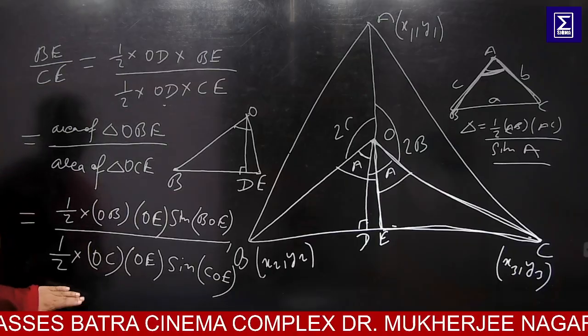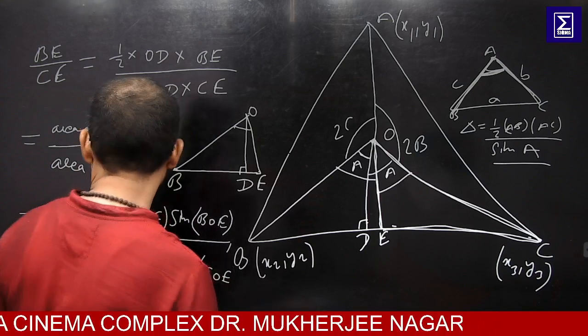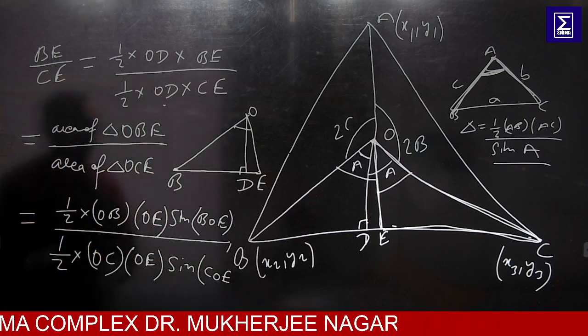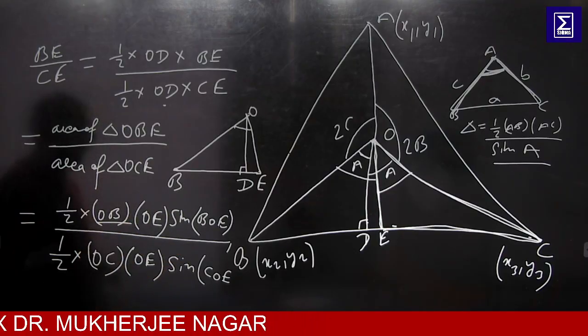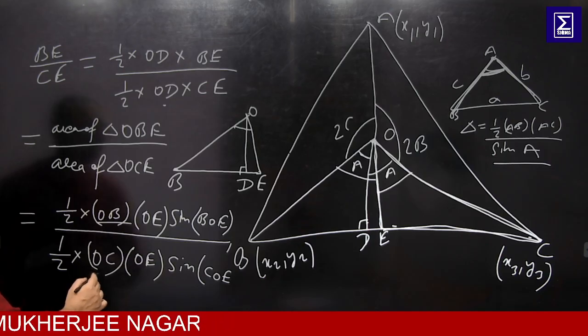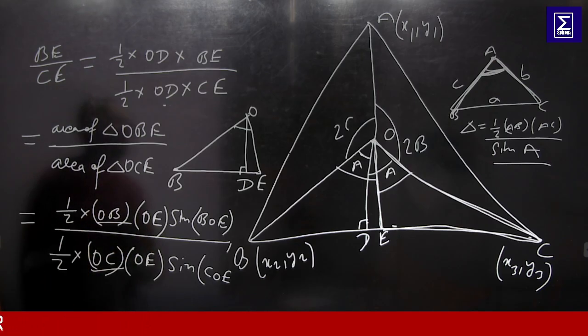Okay, so now OB is nothing but capital R, OC is nothing but capital R, they will get cancelled. Half and half get cancelled, OE and OE get cancelled.